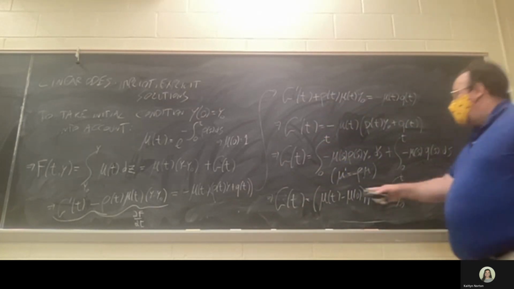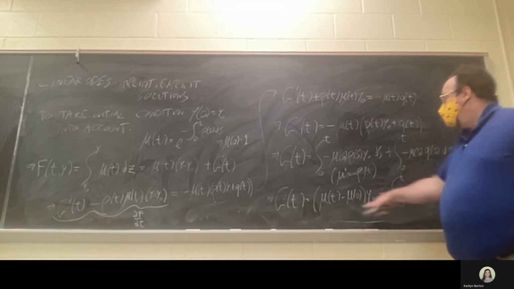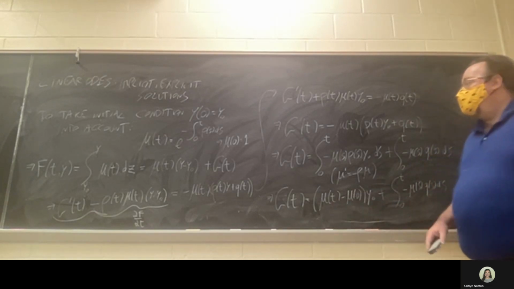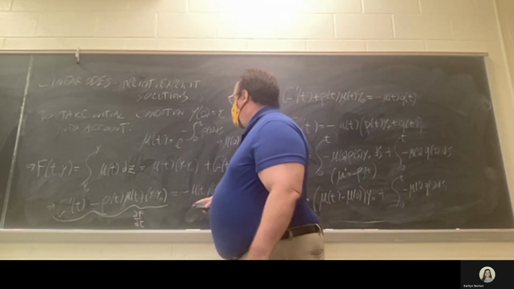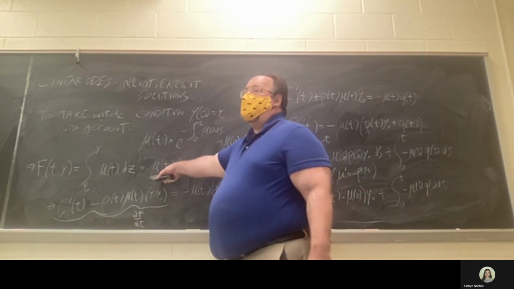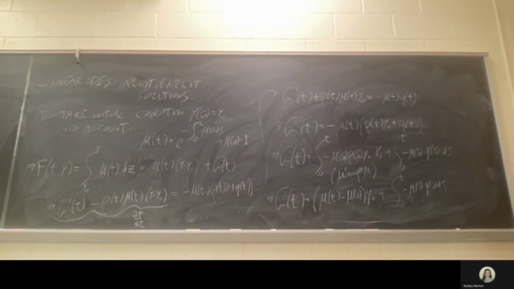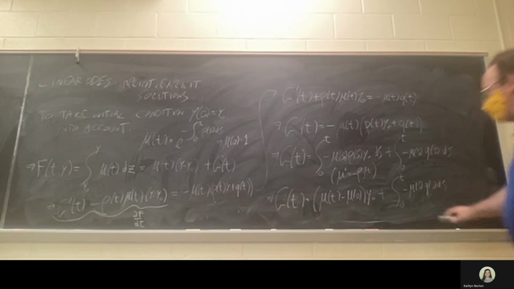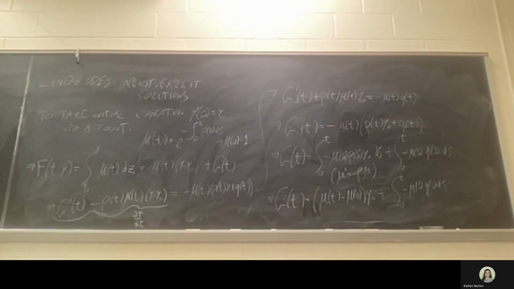Because notice, if I plug in t equals 0, that's 0, that's 0. If I plug in t equals 0 over here, mu of 0 is 1. And then I have y minus y naught, and that's exactly what I want. Wait, I need to take a picture of this. Shoot, I'm going to run slightly out of time, but okay. So now I can write down the implicit solution.